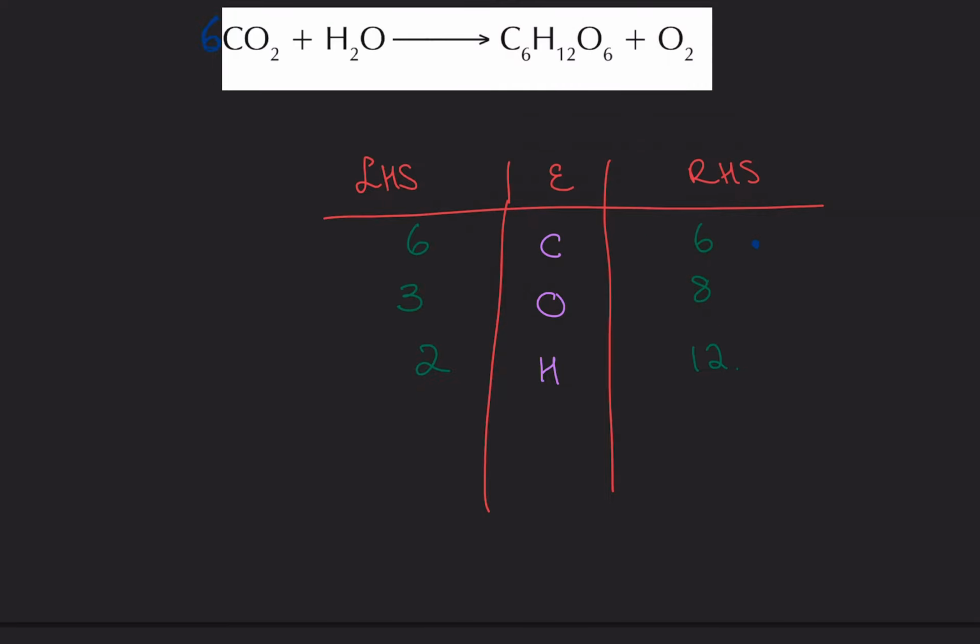So now 6. But what it's also done is, what's 6 times 2? 12. We have 6 times 2, which is 12. We also have this one over here. So we have 13. Alright, so the carbons are fine.